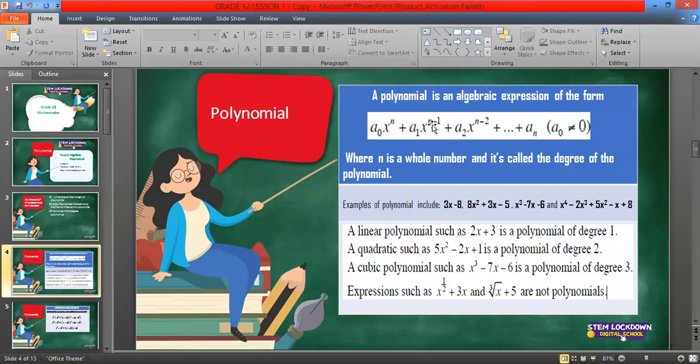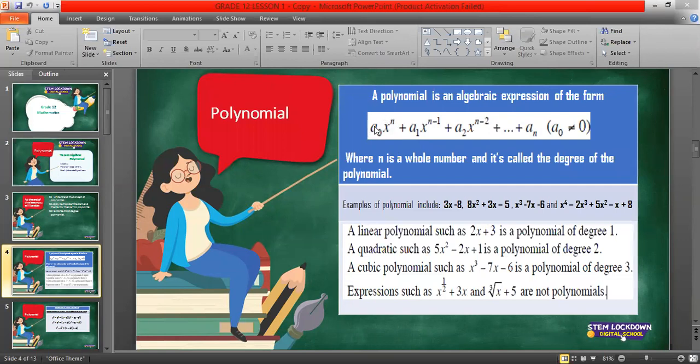So the general equation for a polynomial: all polynomials take this form, where we have a0 x^n, a1 x^(n-1), a2 and so on, whereby the power of x decreases by whole numbers. So basically, we're saying all polynomials take this form.